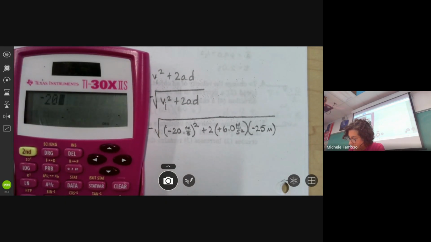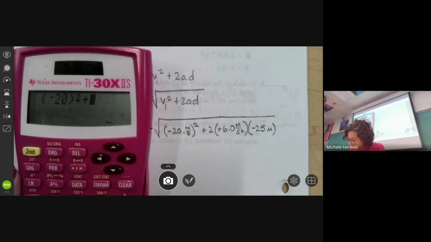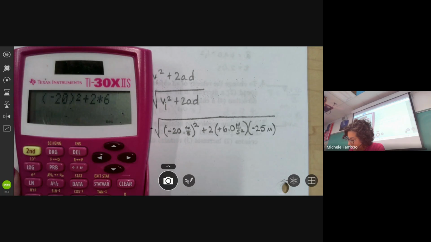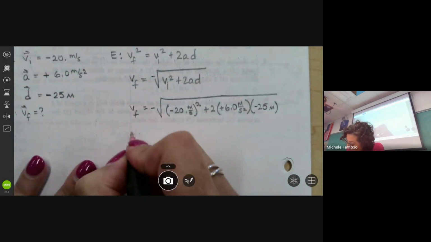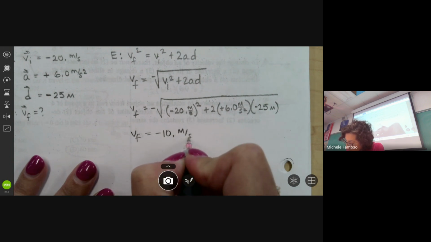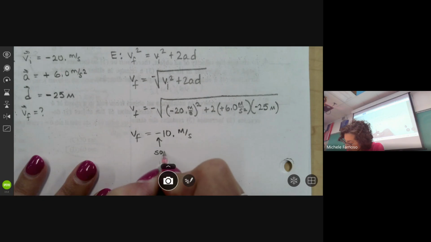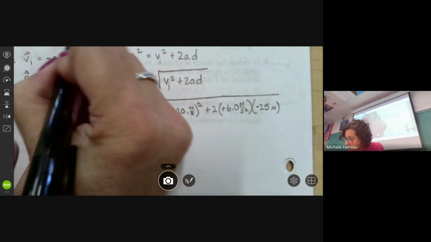Negative 20 squared, plus 2 times 6 times negative 25 gives me 100. What's the square root of 100? 10. So my final velocity is negative 10 meters per second, and that negative sign means south. So I need to be going 10 meters per second south, choice number 4.